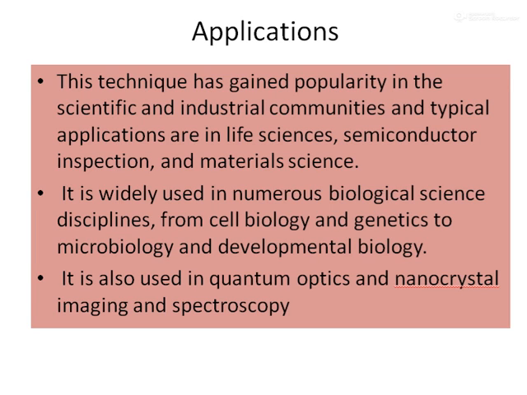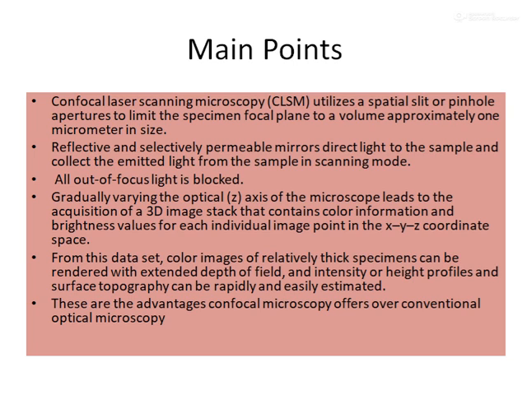And coming to the final points, of course, we have a three-dimensional imaging technique, and all the out of focus light is blocked, and specimens of about 1 micrometer in size can also be viewed under this. The reflective and the selectively permeable mirrors direct the light to the sample and collect the emitted light from the sample in a scanning mode.